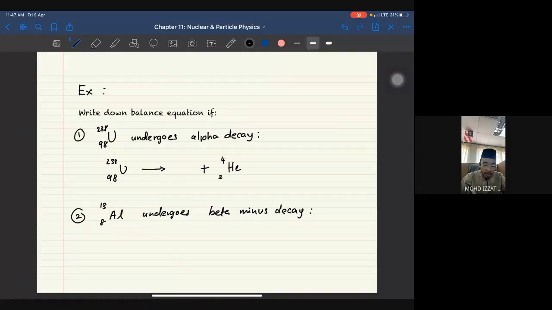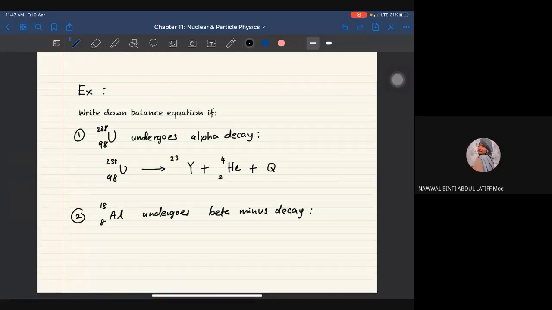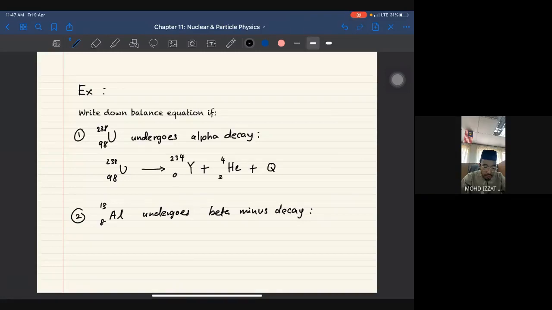And then, dia ada tambah apa lagi tak? Q. Okay, good. Ada lagi tak? Tak ada kan? Cuma sekarang ni kamu nak tulis anak dia lah. Okay, anak dia kamu boleh letak Y. You can put X. Tak payah letak U. So, kita tak tahu apa benda dia jadi sebenarnya. Okay, sekarang ni dia jadi apa? 234 and 90. Yes. Okay, good. Very good.